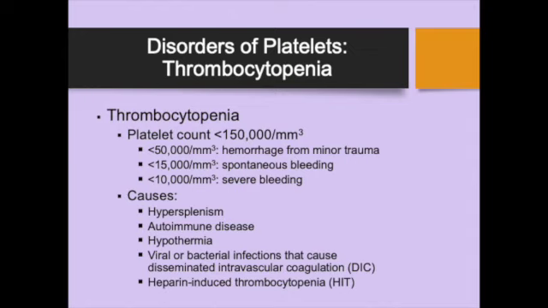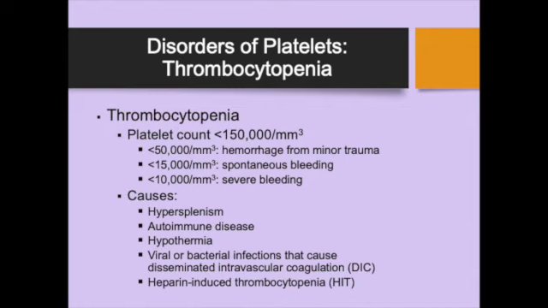When we think about viral or bacterial infections, think about Epstein-Barr virus, rubella, CMV, HIV. The drugs that could cause thrombocytopenia: think of the thiazides, estrogen, chemotherapeutic agents. Nutritional deficiencies like B12 or folic acid can also cause it.